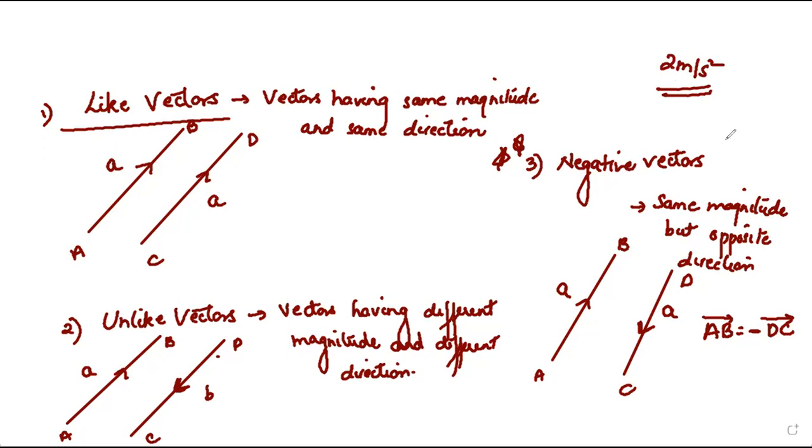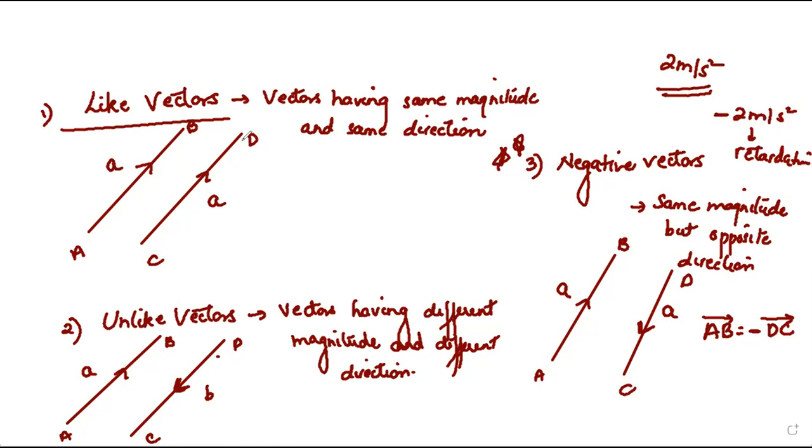But if I'm writing negative 2 meter per second squared, this signifies deceleration or retardation. That means the velocity is decreasing by 2 meter per second every second. That is retardation.